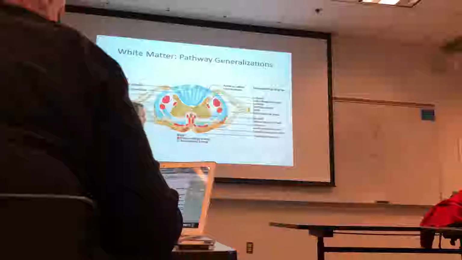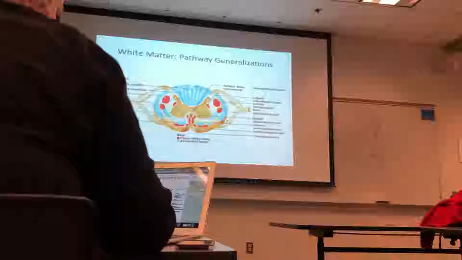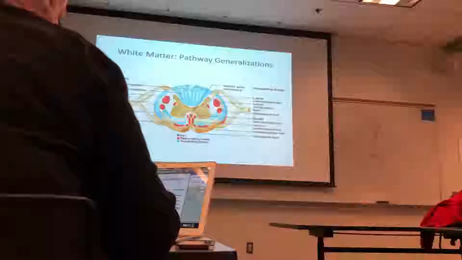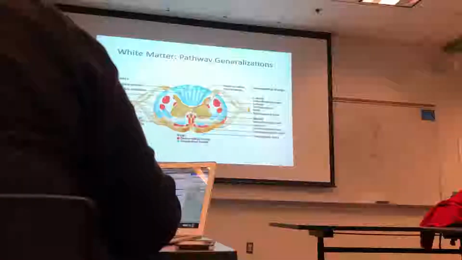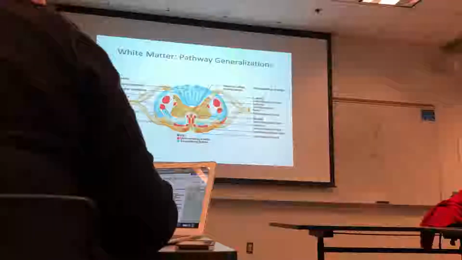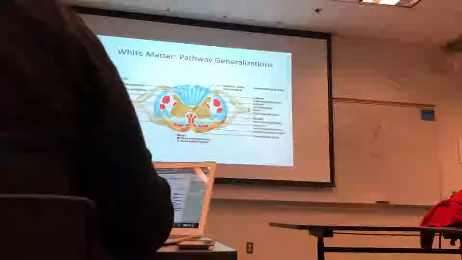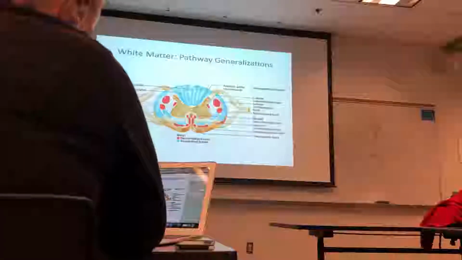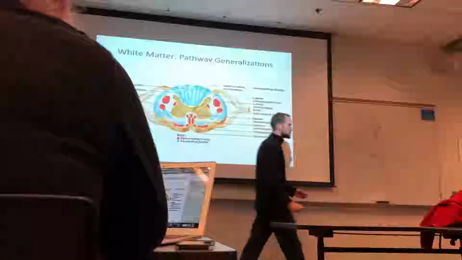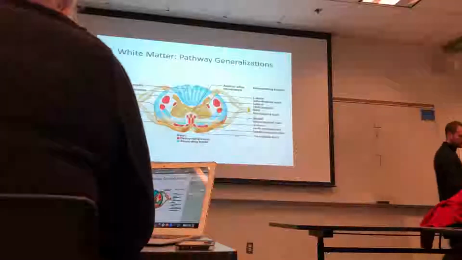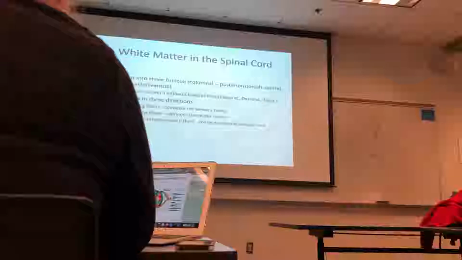Anything red is a descending tract, or funiculi. So you don't need to memorize each of these, just be aware that the white matter is divided up in this way between these ascending and descending tracts within those columns. Okay? So that's the division of the white matter.